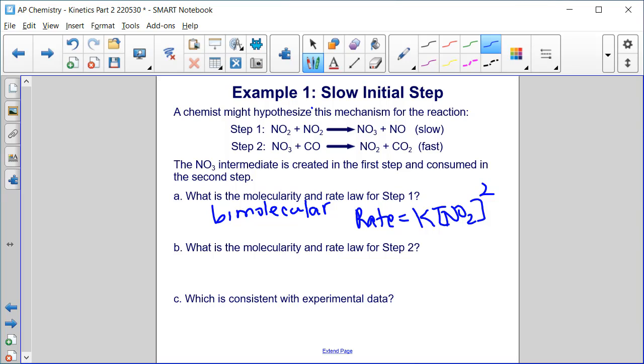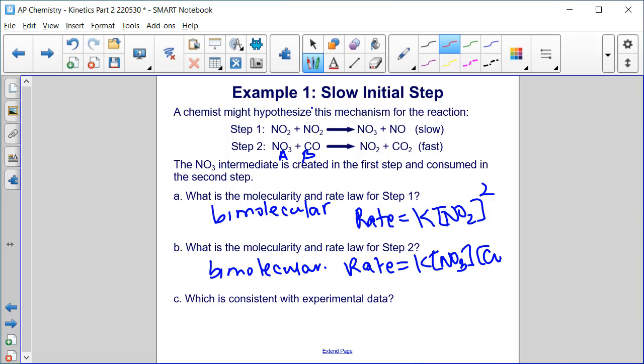B, what is the molecularity and rate law for step 2? So we have 2 different reactants here, A and B, but still bimolecular. So the rate law is K NO3 CO, which is consistent with experimental data.